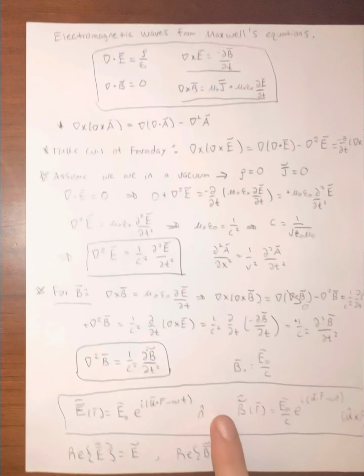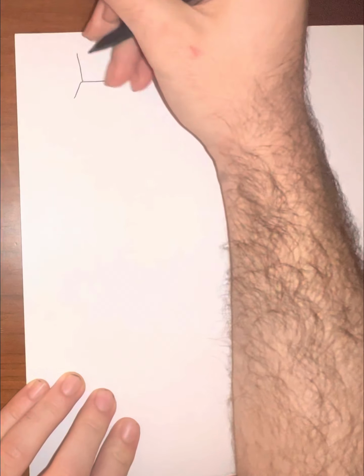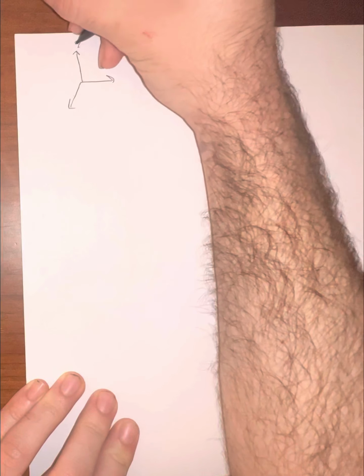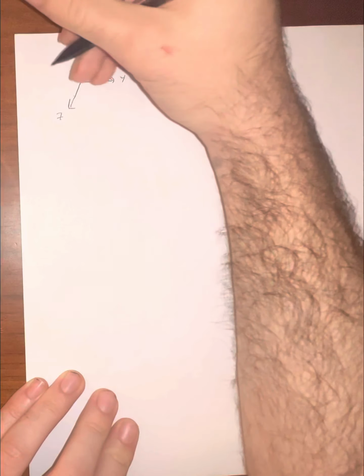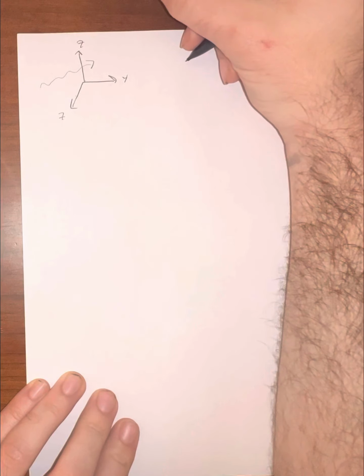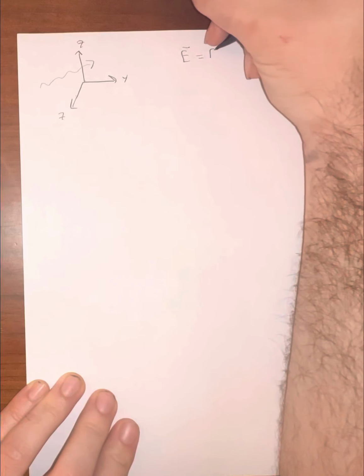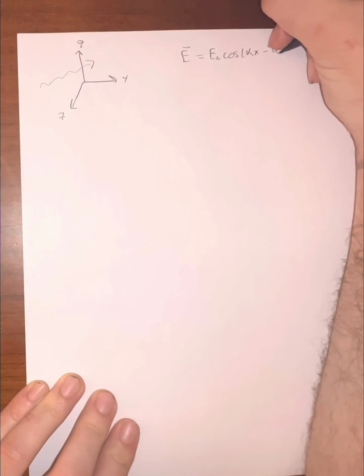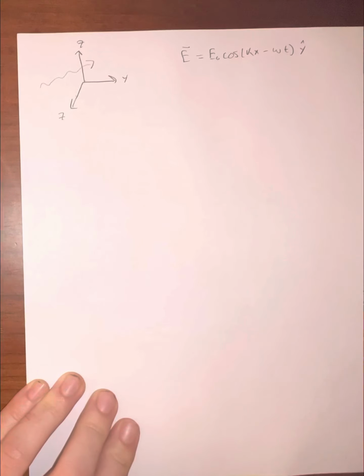And so, to give an example, just imagine we have an electromagnetic wave propagating normal to the YZ plane. So it's going that way into the page. And let's say that our electric field takes the form of E naught cosine of kx minus omega t in the y hat direction.